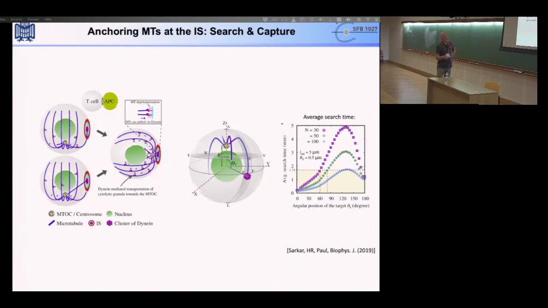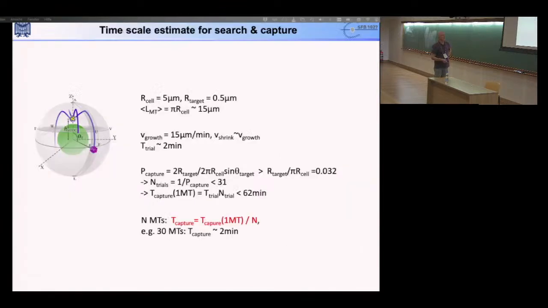And then you get this prominent curve as a function of the angular position of the mTOR. Important here is that it has the right time scale. The time scale you can actually estimate from just the dimensions of the problem and the speed with which microtubules grow.